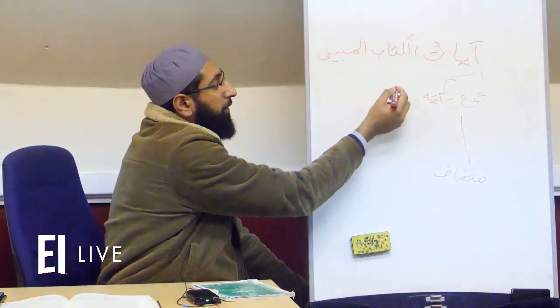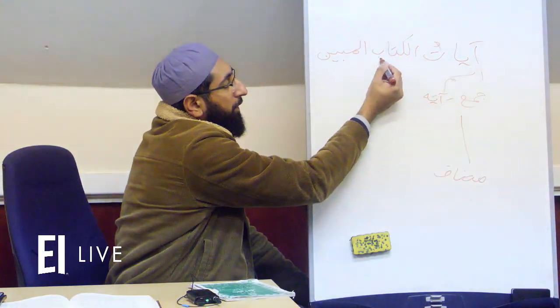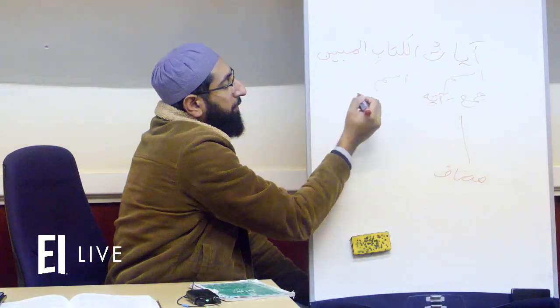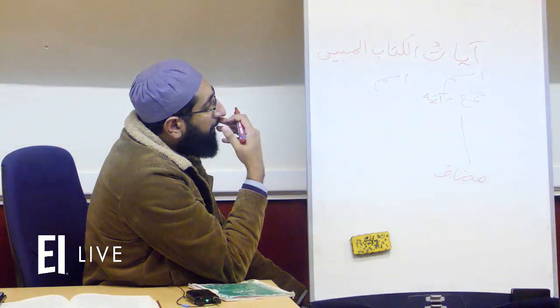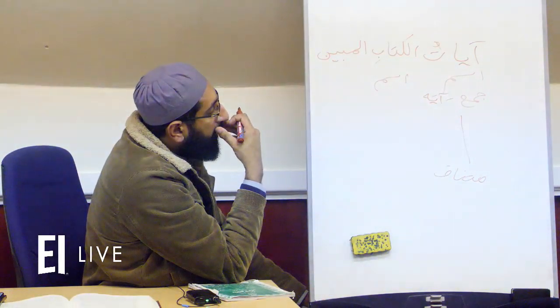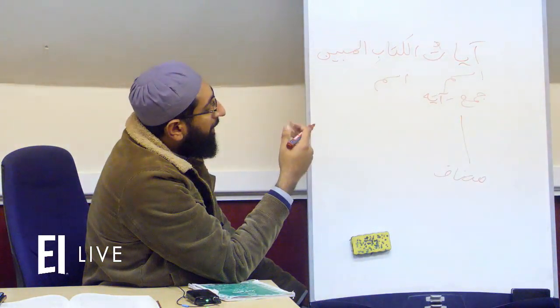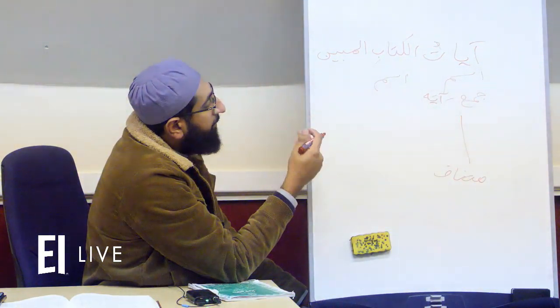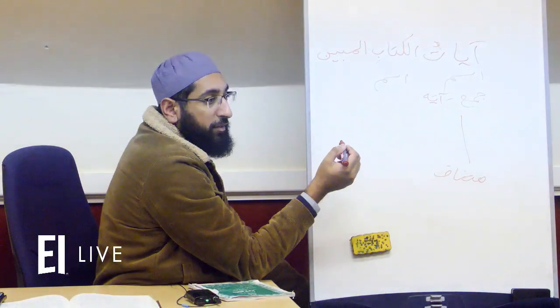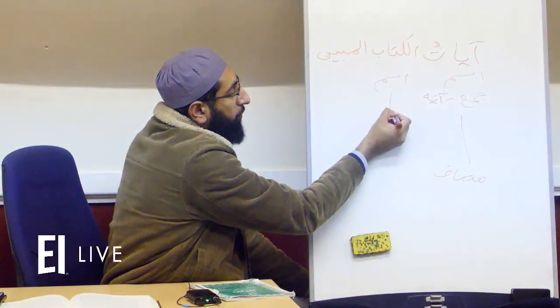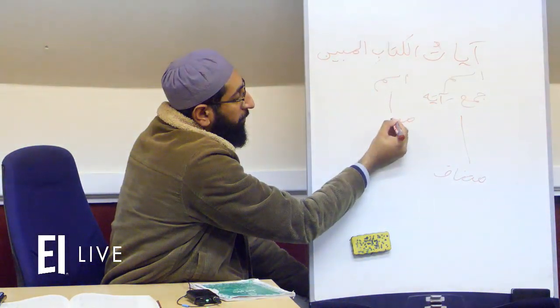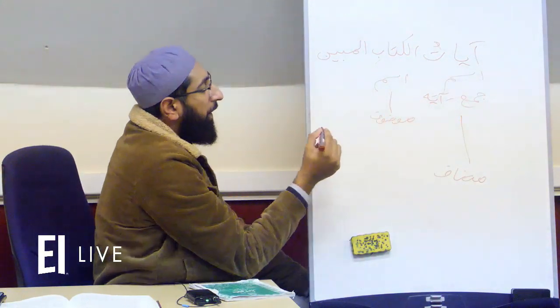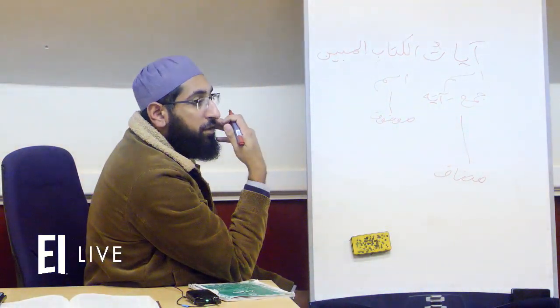Is it ism or fi'l or harf? Ism, yes. But before we carry it on, it is in singular form, so it is mawsuf. Remember mawsuf and sifa? Every mawsuf needs a sifa.